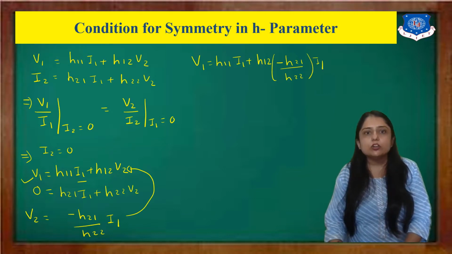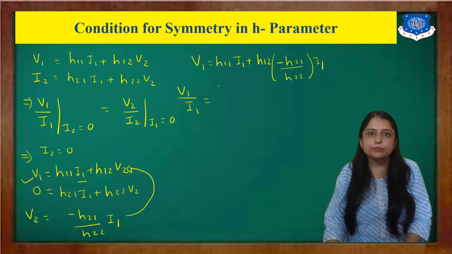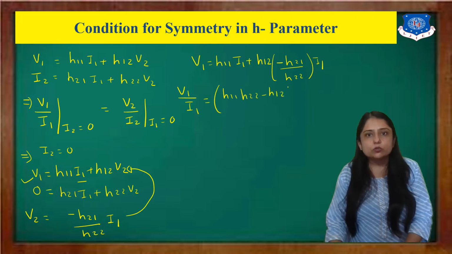So what I get? V1 that equal to H11 into I1 plus H12 into minus H21 upon H22 into I1. You take I1 common. So V1 by I1, and take the LCM, that is H11 H22 minus H12 H21 upon H22.